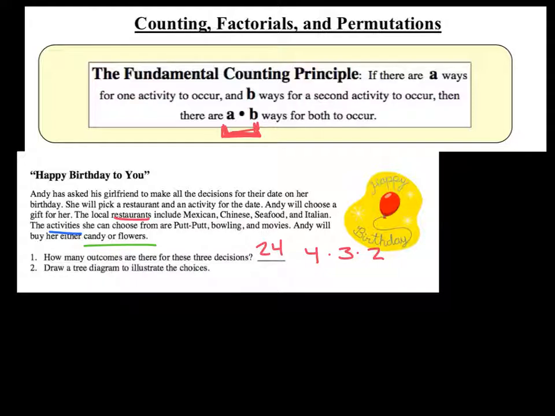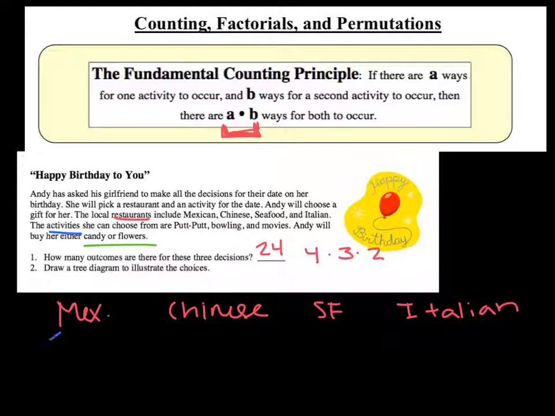But if we draw a tree diagram, we can get to the same outcome. If we start with the restaurants, Mexican, Chinese, seafood, and Italian. And then we do the activities. I'm just going to use letters for short.